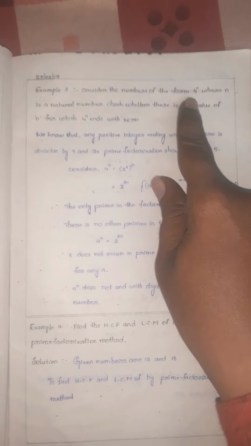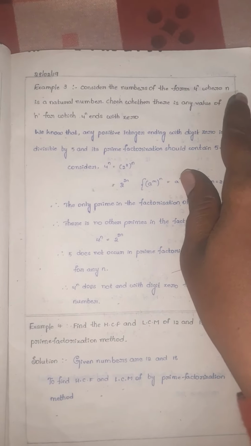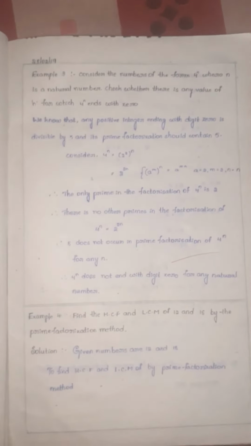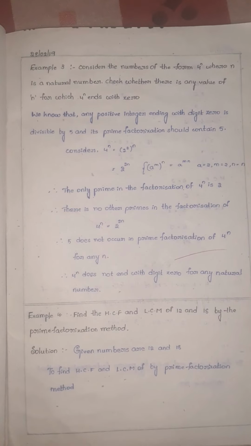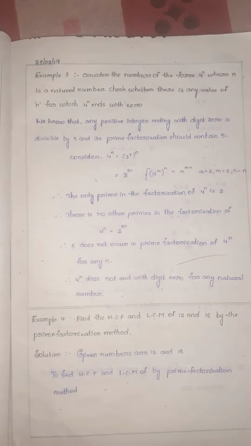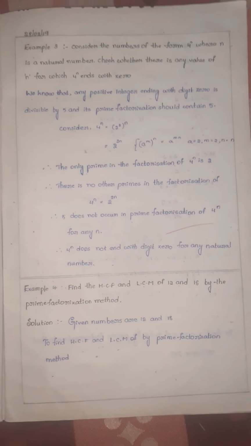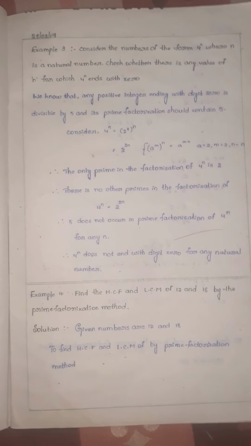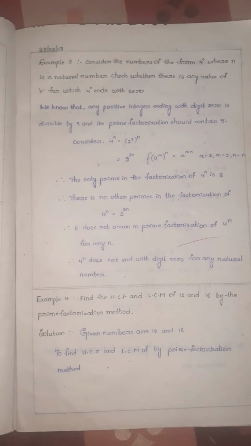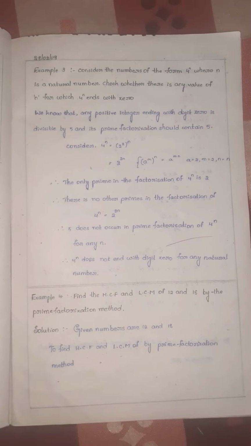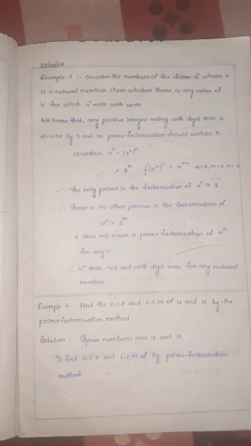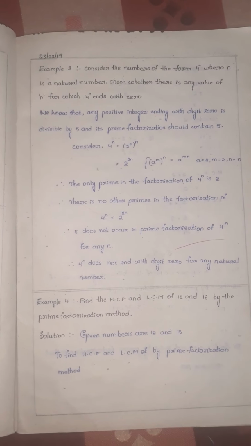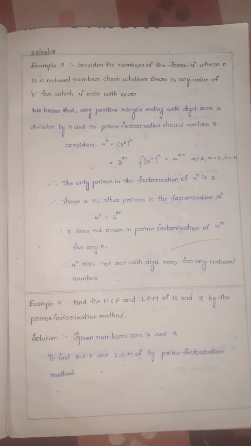So consider the numbers of the form 4 power n, where n is a natural number. Check whether there is any value of n for which 4 power n ends with 0. So see, the given condition is 4 power n, where n is a natural number, and it is asking to check whether there is any value of n for which 4 power n ends with 0.